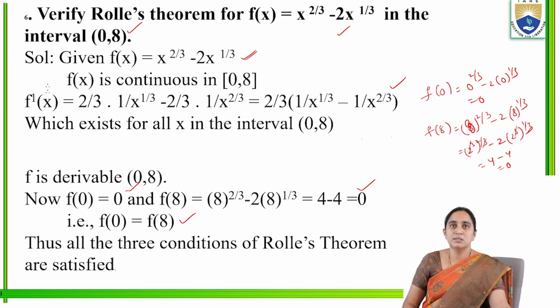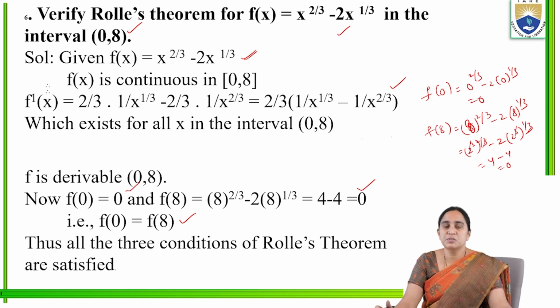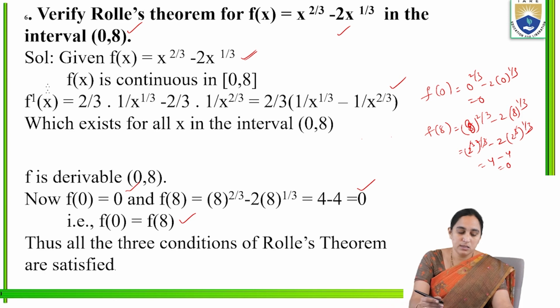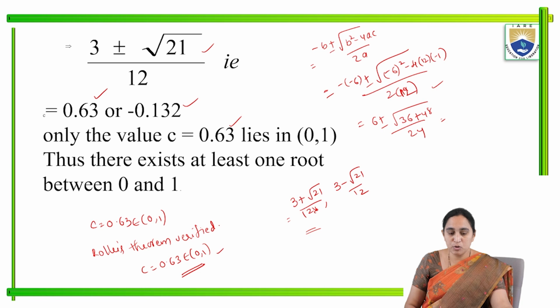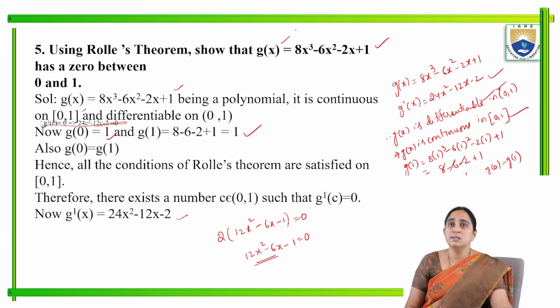Next class we will discuss some other concepts of the third unit. Once observe, this Rolle's theorem concept comes under the functions of a single variable. In the function f of x, the variable is x, a single variable.